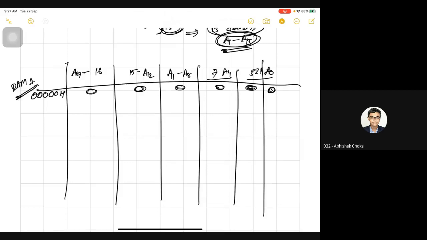Done? Yes sir. Now we have not used A0, so it will remain 0. What will be my ending address? I need to change the bits of A1 to A15. Yes sir. So A1 to A15 I will change, and all become 1.